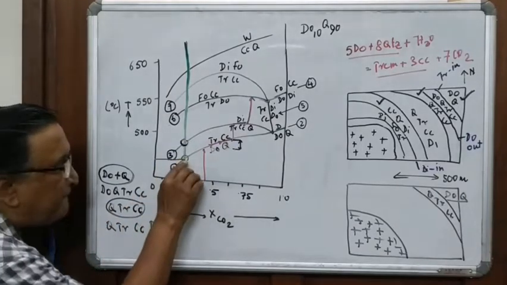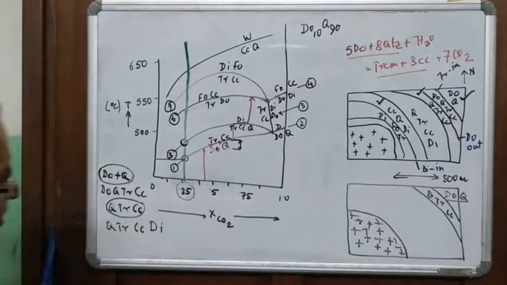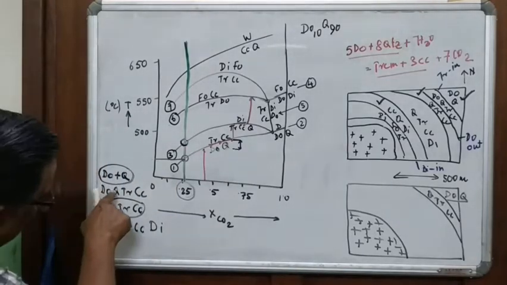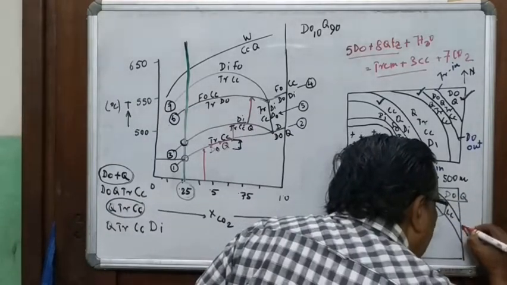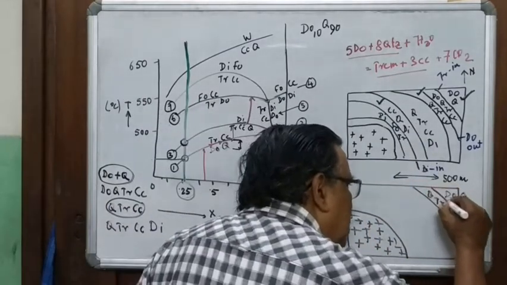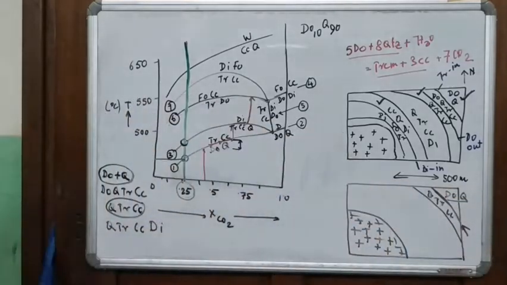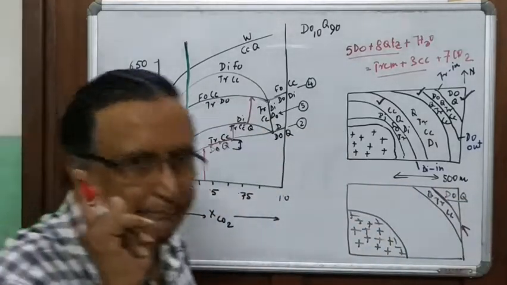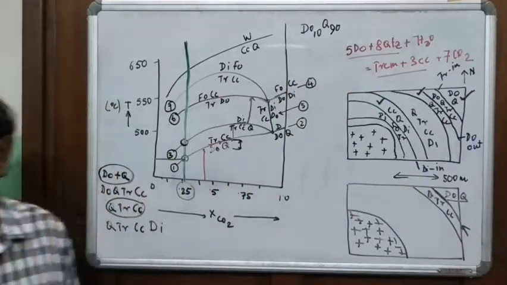Have you understood? But this assemblage here, which is dolomite, quartz, tremolite, calcite, will occur only along this line. This is the line where you have dolomite, quartz, tremolite, calcite. The four-phase assemblages will be pencil sharp. They will have pencil sharp assemblages.